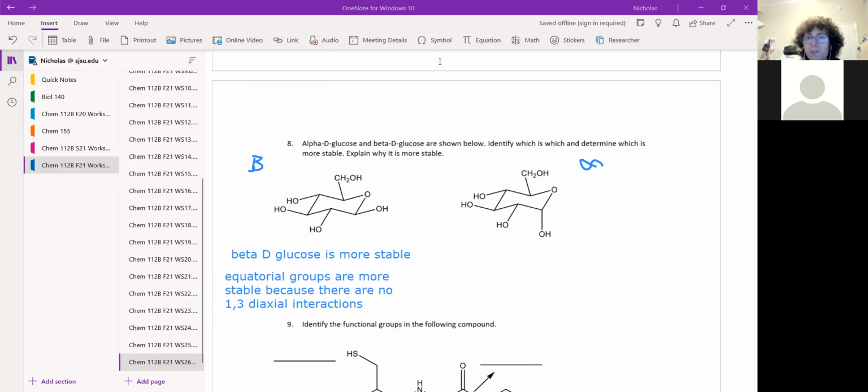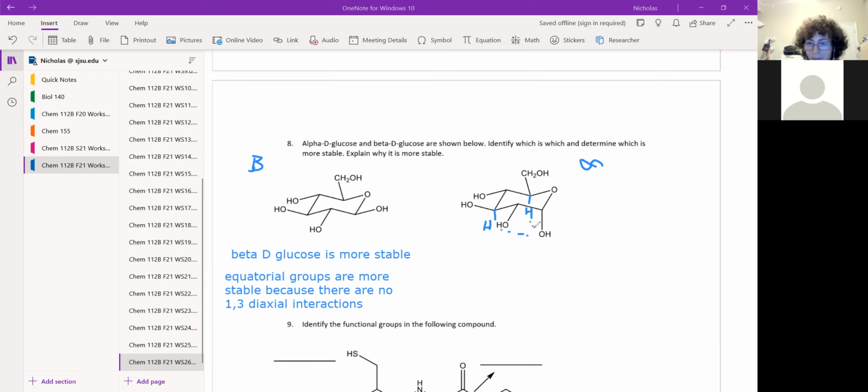Just as an example, with the alpha one, you have a hydrogen here and here. These are axial. I guess I didn't do a great job, but I'm trying to show that they're pointing straight down. I think I'll redraw those. These are axial.